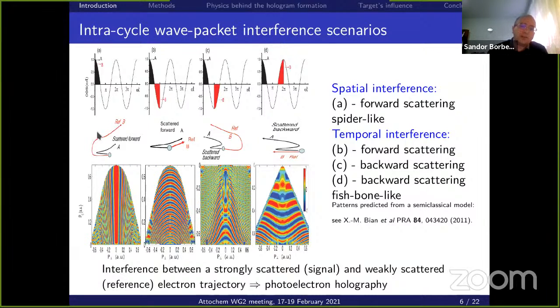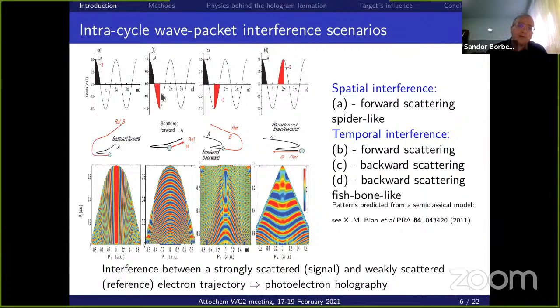This interference scenario is also called spatial interference, because the root of this interference can be found in the interference between different spatial electron trajectories. The other interference scenarios can be called temporal interference, because the interfering wave packets are created at different time moments.